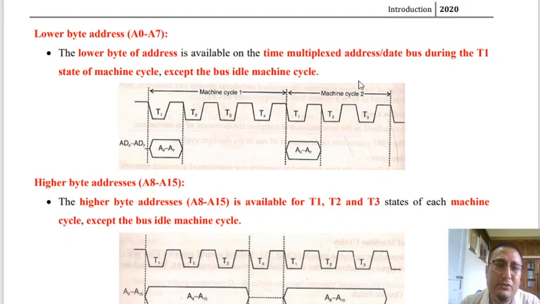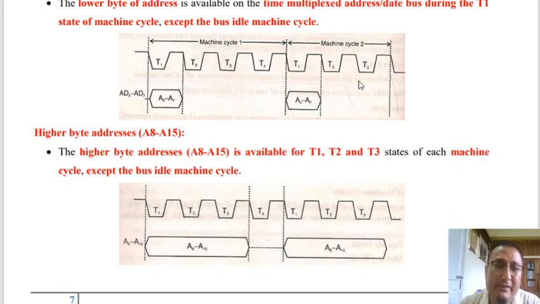So AD0 to AD7 will act as A0 to A7 in the T1 state of the machine cycle to hold the lower byte of the address. The lower byte of the address is available on the time multiplexed address data line during the T1 state of the machine cycle, except in the bus idle machine cycle.